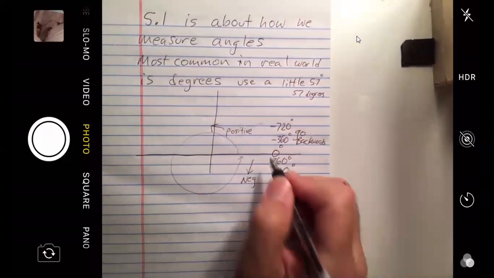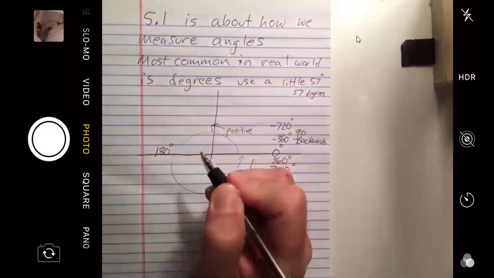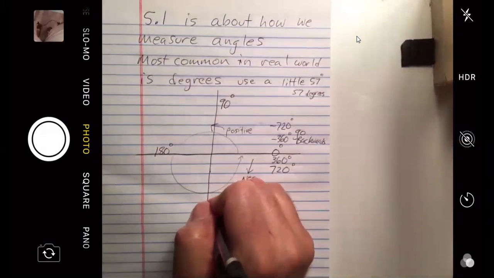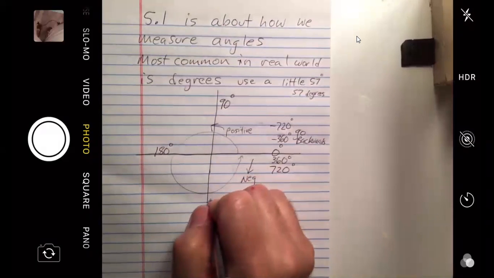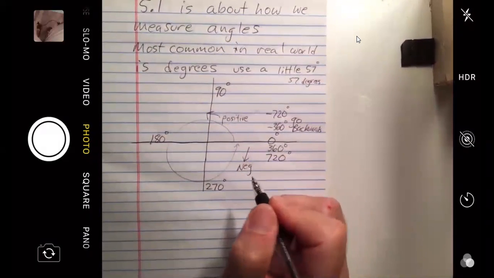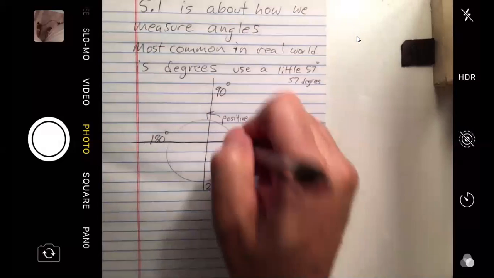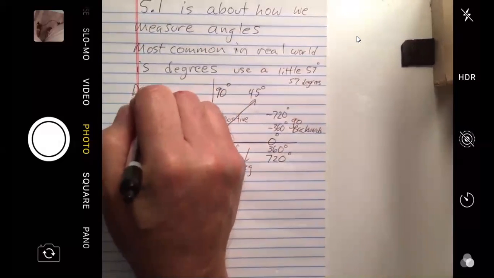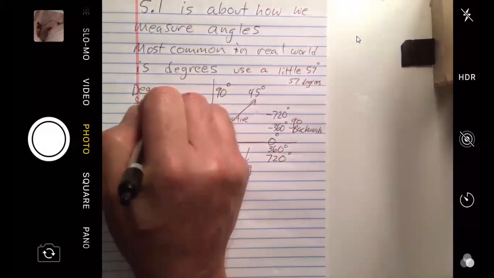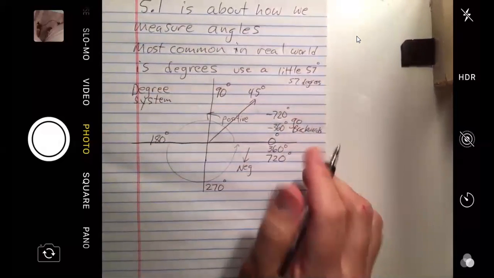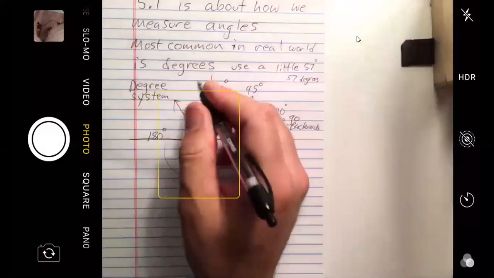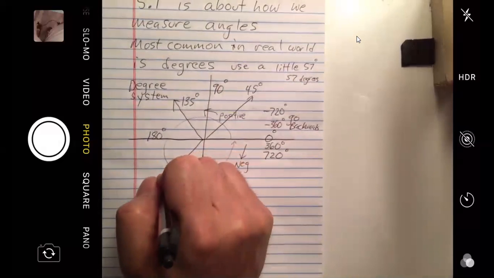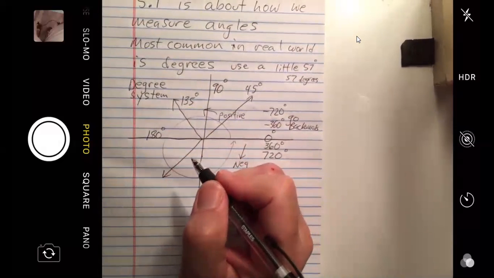All right. Halfway around, you're at 180 degrees. Up here, you're at 90 degrees. Down here, halfway between 180 and 360 is 270 degrees. Halfway to 90, you're at 45 degrees. We can call this the degree system. Halfway between 90 and 180 is 135 degrees. Halfway 180 to 270 is, what was it?